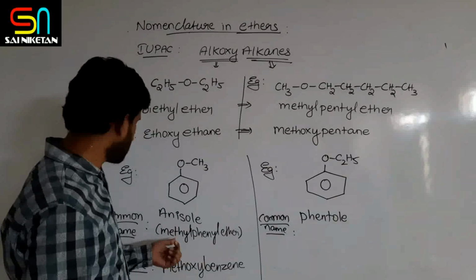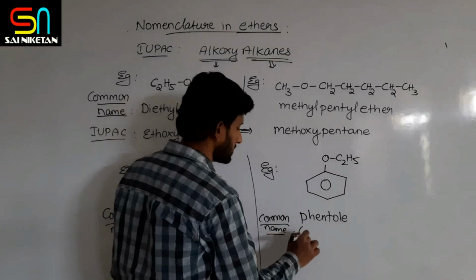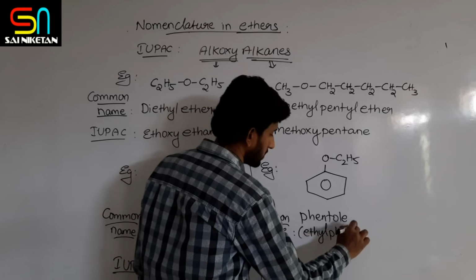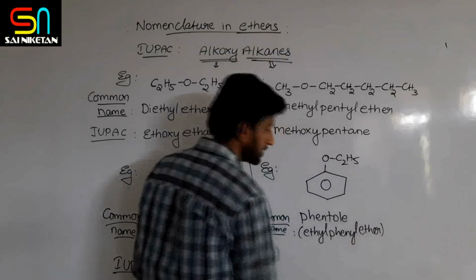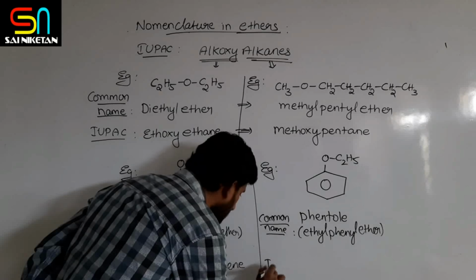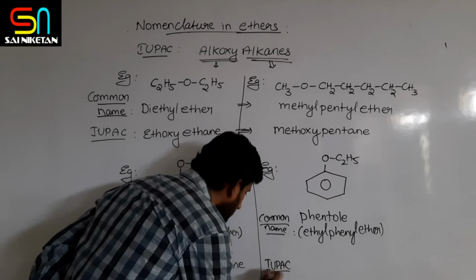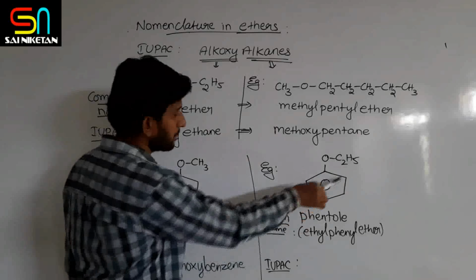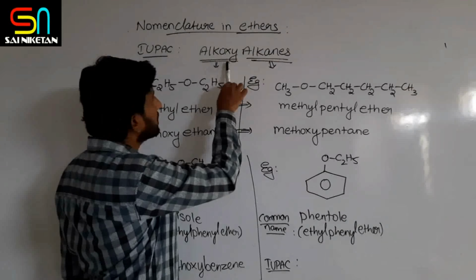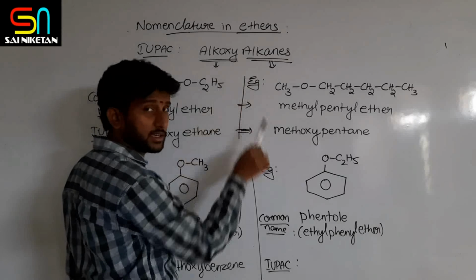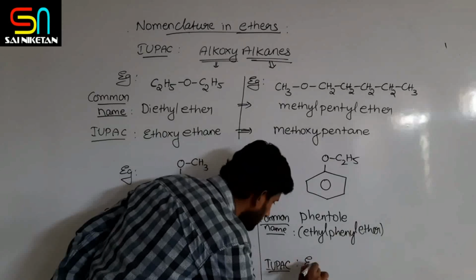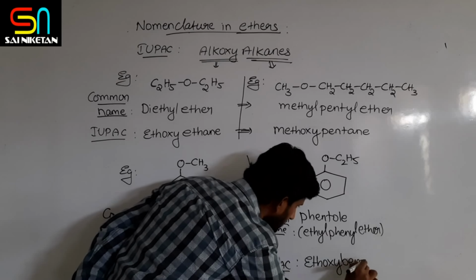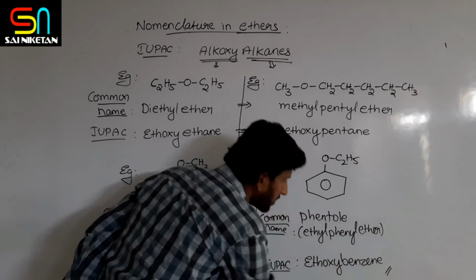Another name is also there, like methyl phenyl ether, it can be called ethyl phenyl ether. There is nothing wrong in a common name. You can call it either way. But the IUPAC name of this compound is, again, ethyl is the small group, benzene is the big group. So alkoxy alkane. So ethoxy benzene. It must be called ethoxy benzene. Ethoxy benzene is the IUPAC name of this compound.